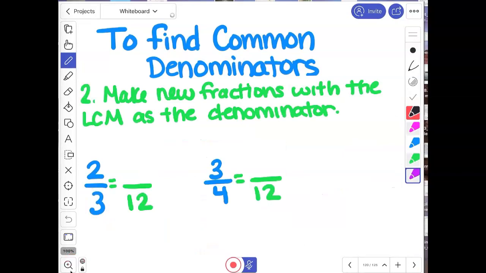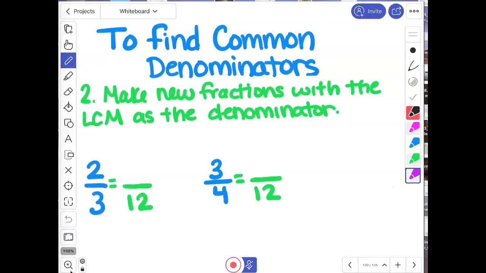Now that I know the LCM is 12, I'm going to make new fractions that have a denominator of 12. I am going to create new fractions that are equivalent to my original fractions, and these fractions will have 12 on the bottom. Pause and write this down.